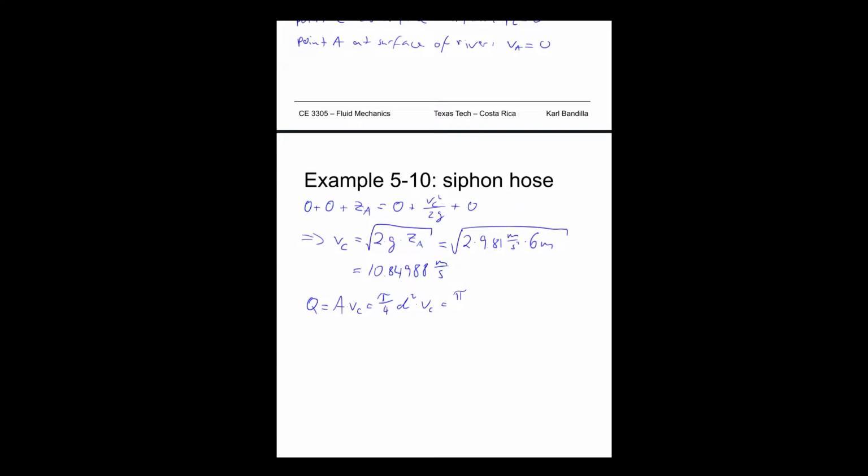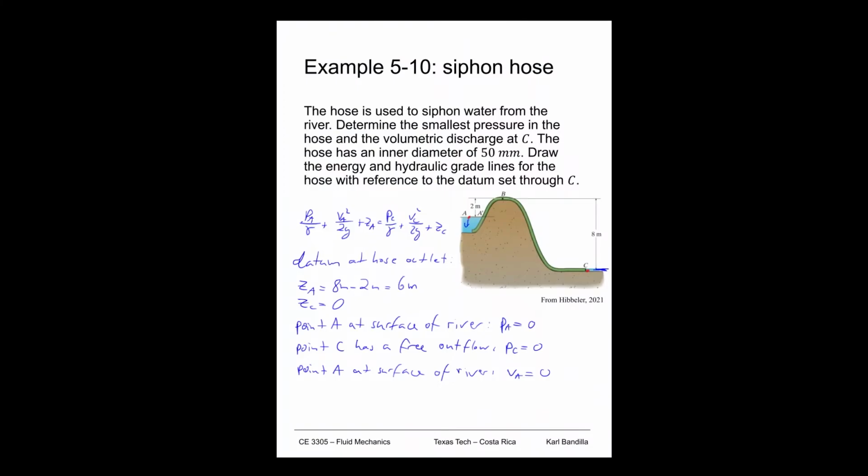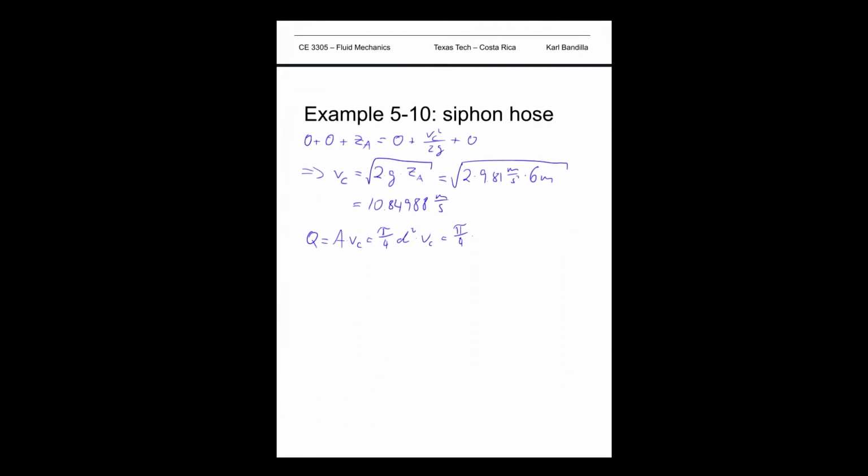That would be pi over 4 times, see how big the hose was. The hose was 50 millimeters, so it would be 0.05 meters squared times 10.84988 meters per second.